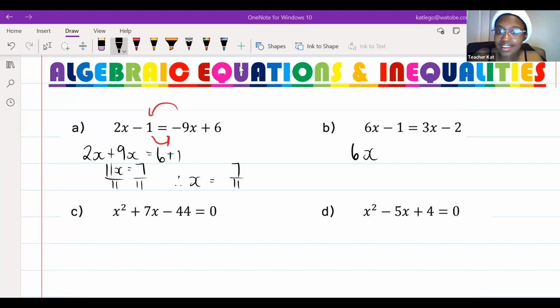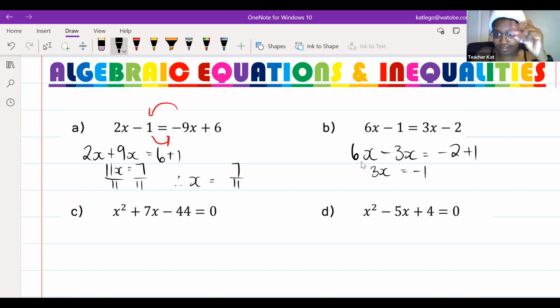So we're gonna move the 3x over the equal sign, which will be negative 3x, is equal to negative 2 plus 1. Plus 1. Beautiful. And then I'm gonna say 3x is equal to negative 1, because you find the difference, keep the sign of the bigger number.